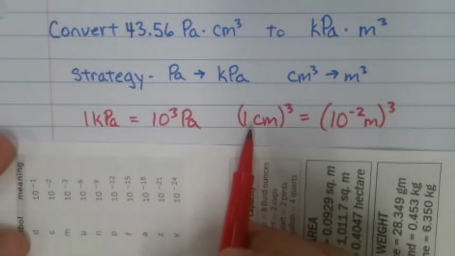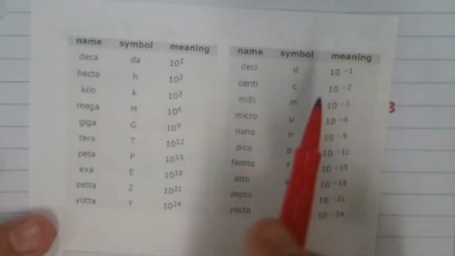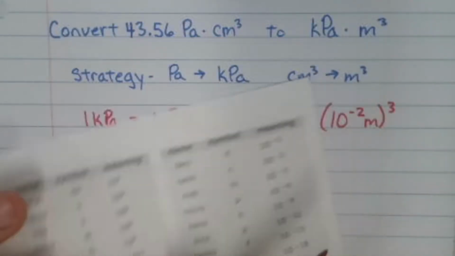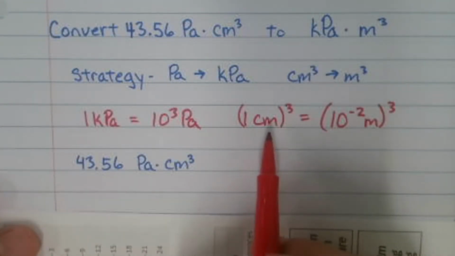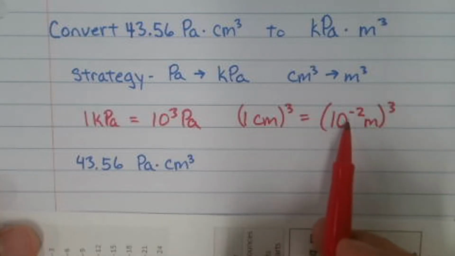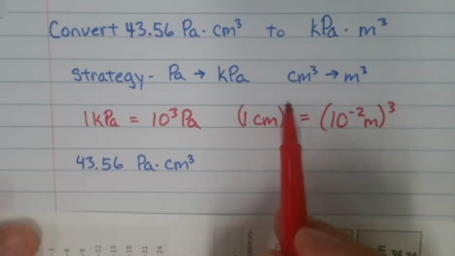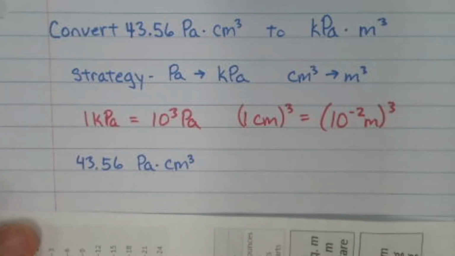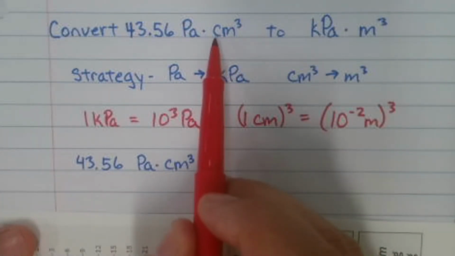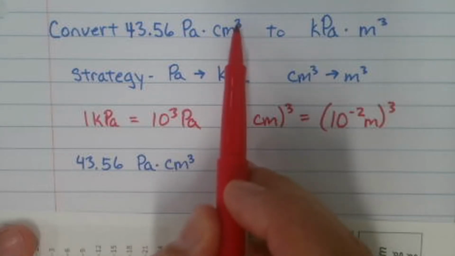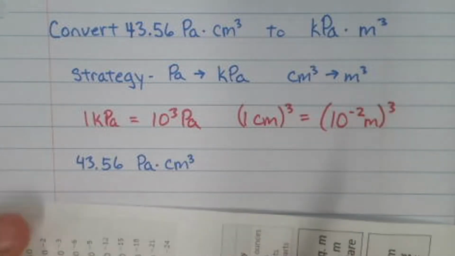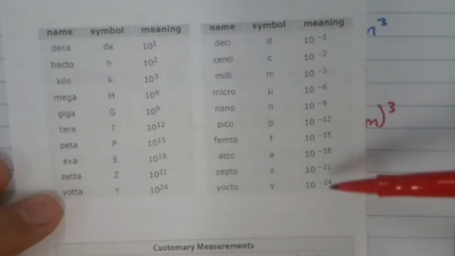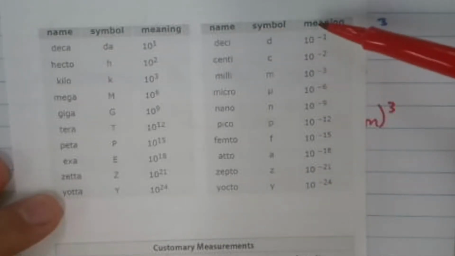And then 1 centimeter, so if we look over here, centi is 10 to the negative second. So 1 centimeter is equal to 10 to the negative second meters. And you might ask, why is there a 3? Why is this raised to the third power? So your original unit is centimeters cubed and your new unit is meters cubed. Our conversion chart doesn't accommodate squares, cubed, any exponent.